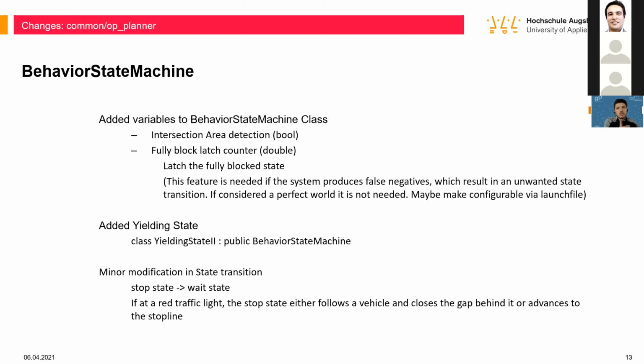That's the one condition. The other condition is if we have our path fully blocked. These are the only two conditions. Now we have the yielding state, we can implement more features and more conditions to transition into the state, but that's right now the way to move to a yielding state.